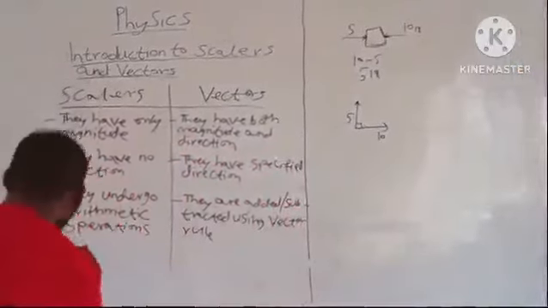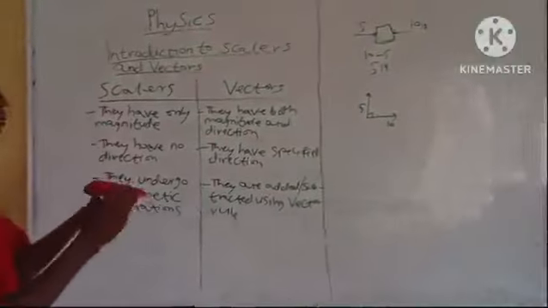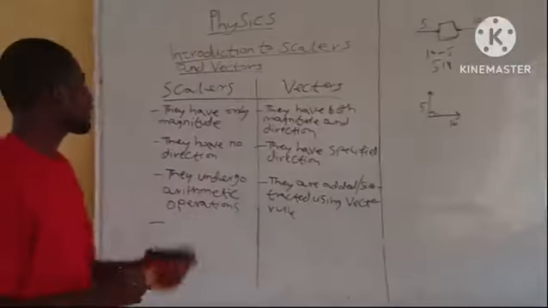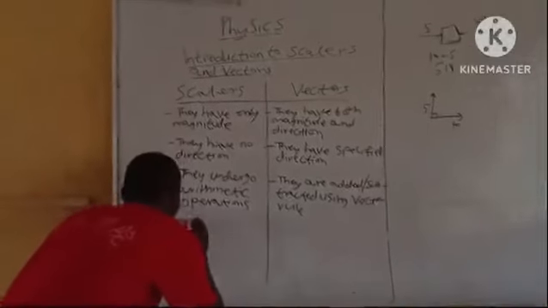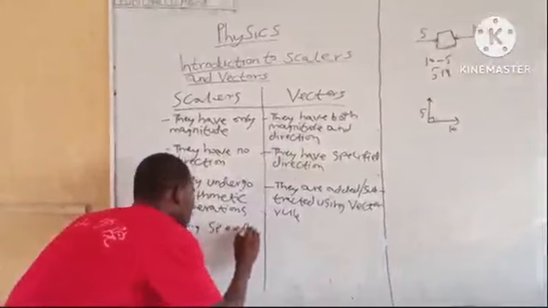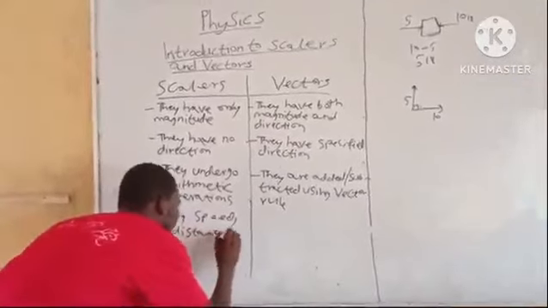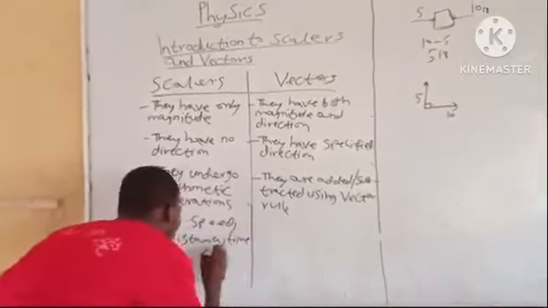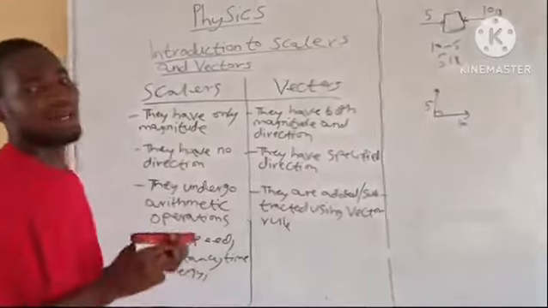Now let's talk about another difference. Another difference between them is that examples of scalar quantities are speed, distance, time, energy, and so many other examples.